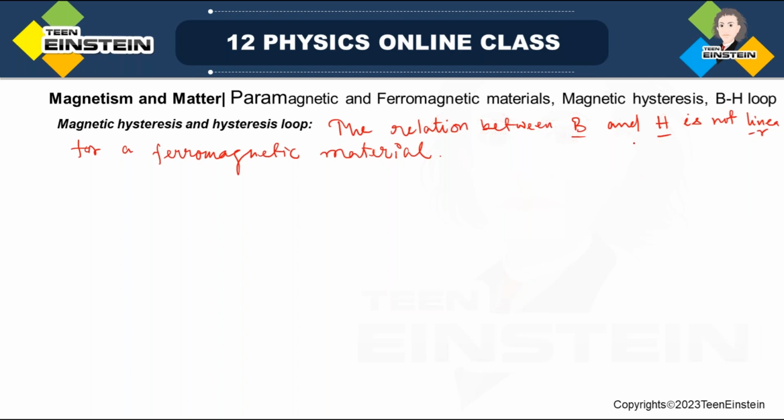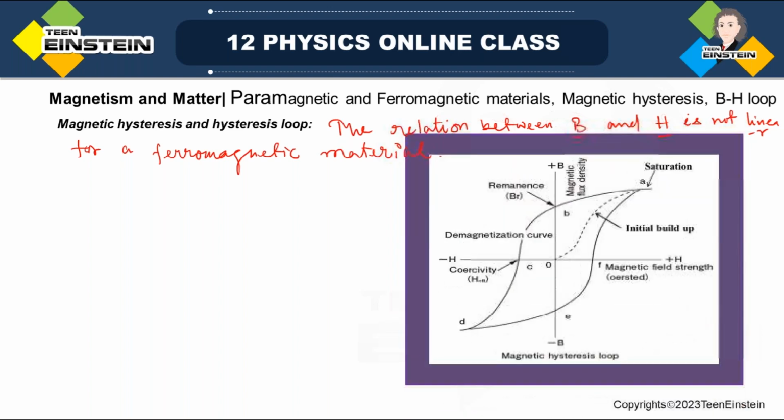Relation is not linear. See, if a ferromagnetic material is undergoing magnetization and demagnetization, then the induction curve does not follow the same path. I'll just tell you from here.